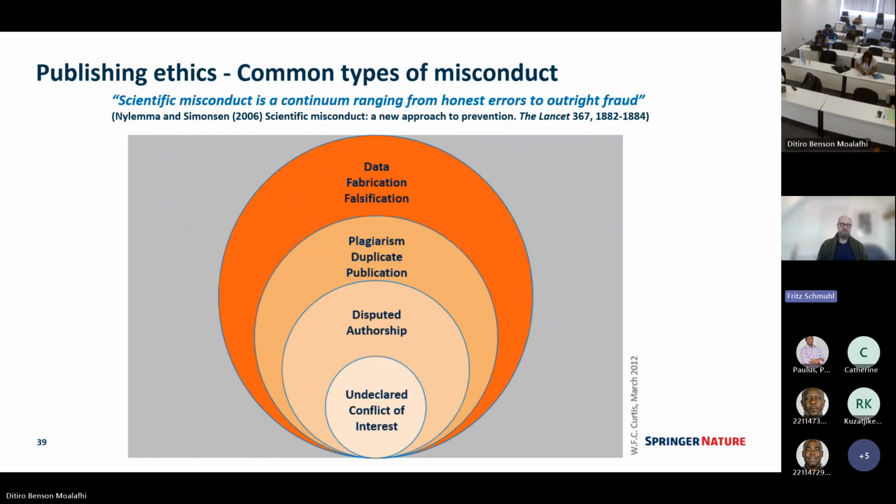And again, bear in mind, same as what I mentioned on the plagiarism side, reusing your own work very much falls within the remit of data fabrication and falsification. Again, this is something that is very important to check.